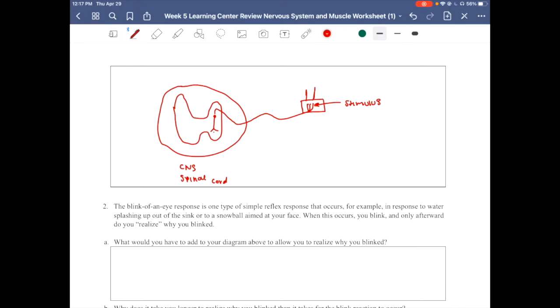Then on this side, we're going to get our motor response, and let's say this is our muscle. It's going to integrate here. So this is going to be our sensory, and it's going in this direction, and then this is going to be our motor, and it's going in this direction.